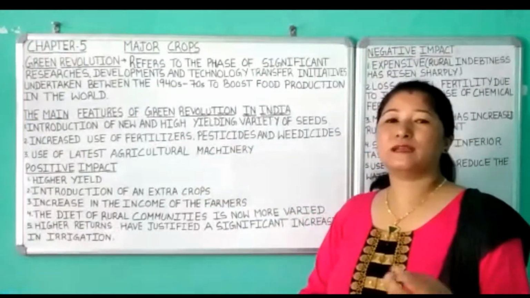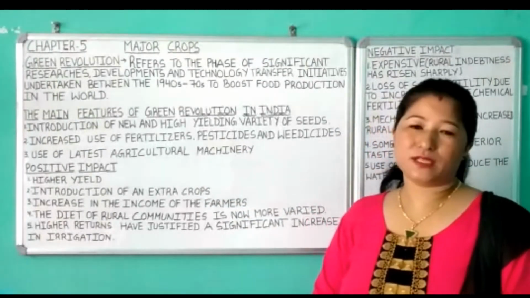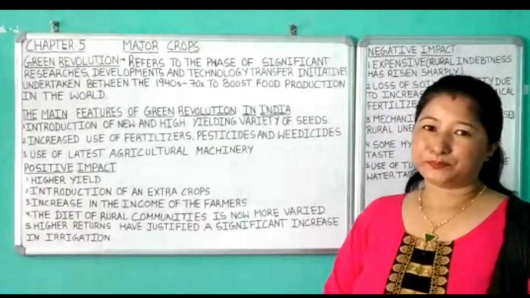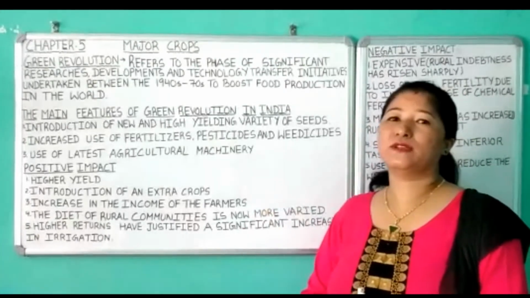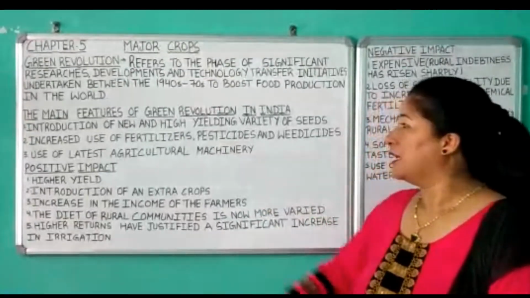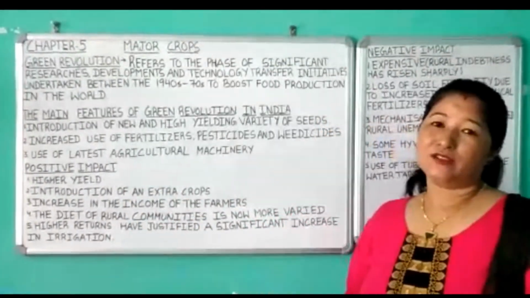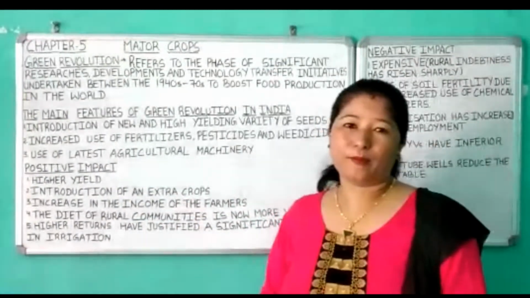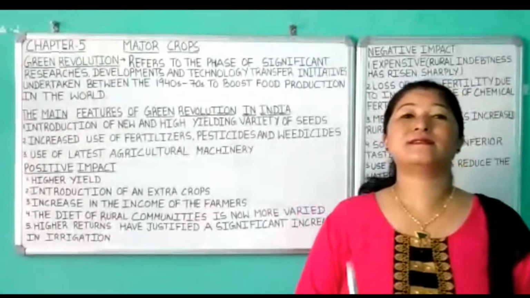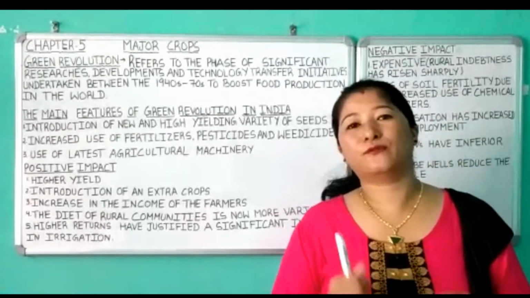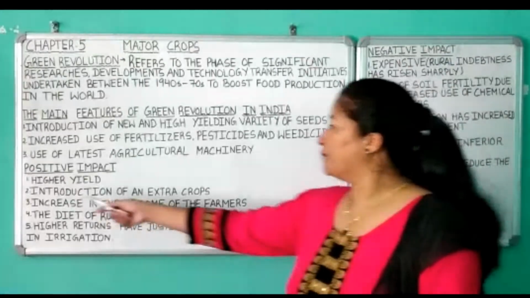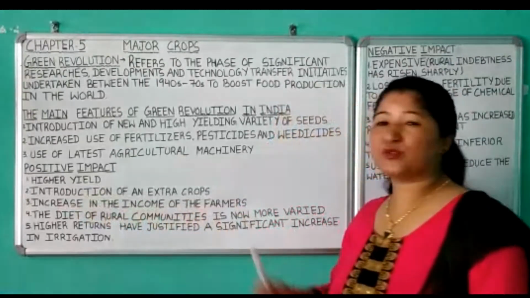Now let us see the positive impact of this Green Revolution, that is the advantages to our country. Number one, higher yield. That was the main intention, to grow more food crops, and at present India is self-sufficient in the production of food grains. Number two, introduction of extra crops.